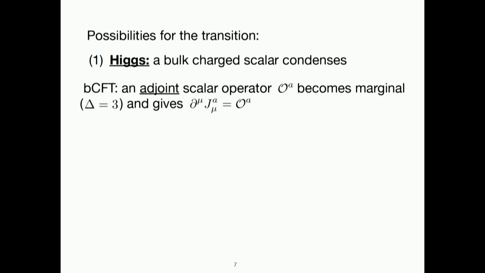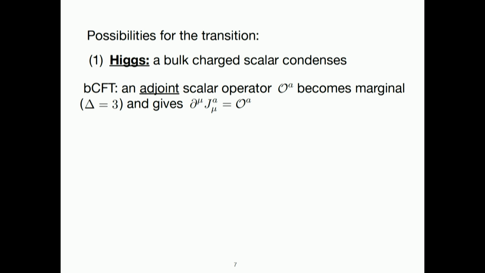So in the paper from 2012, they brought up some possibilities for how this Dirichlet boundary condition might disappear. One thing one can imagine is that there is some Higgs phenomenon happening. Perhaps some composite of the gluons gives us some bulk charged scalar, which at some point condenses as we go to strong coupling. What is the translation from the point of view of the boundary CFT?